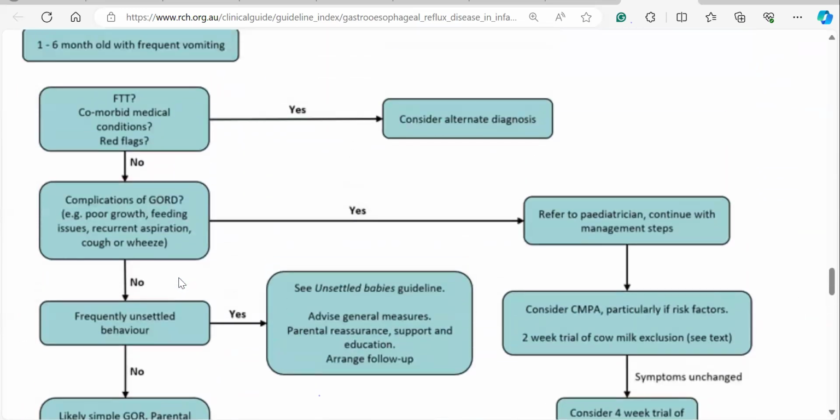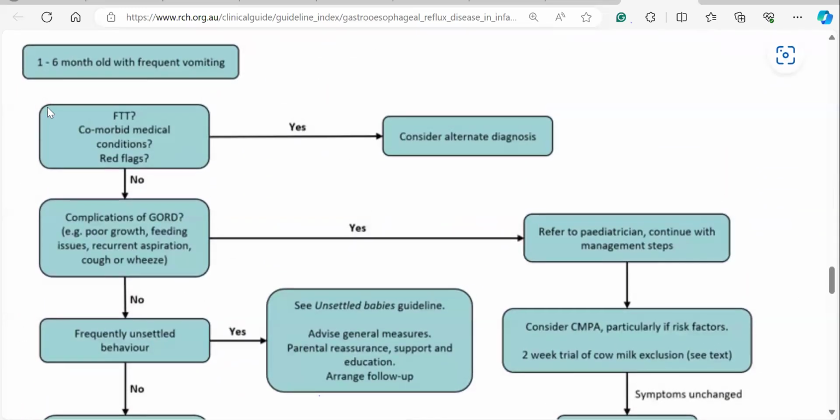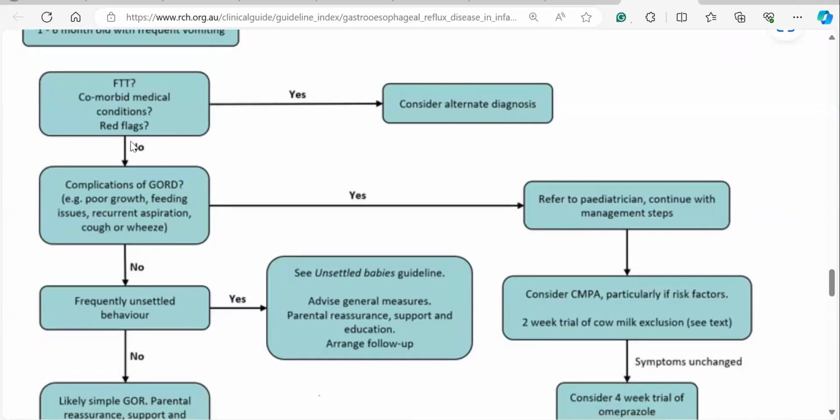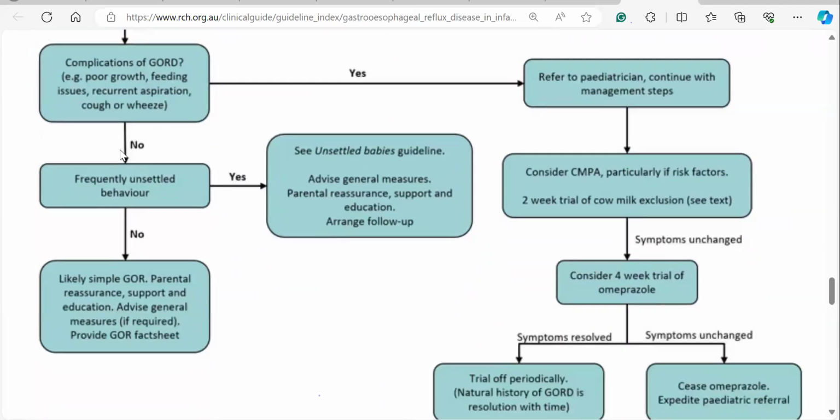Now have a look at this flow chart. A child who you think might have gastroesophageal reflux, in those situations, if it is just reflux, all you need to do is simple measures. So parental reassurance, support, education, that's all that you need to do.